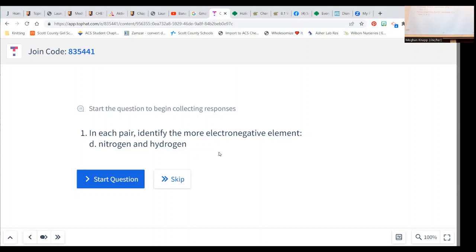Nonmetals typically have an electronegativity of 2.5 or higher. Those are the ones in green up here. They form anions, or negatively charged particles. This whole column with fluorine forms a -1. Oxygen and sulfur like to form a -2.